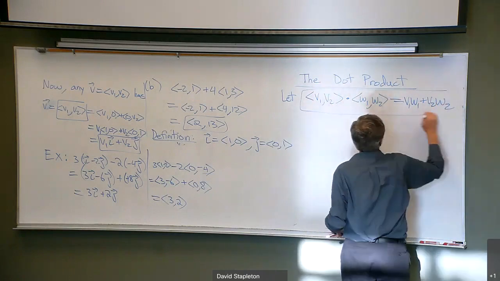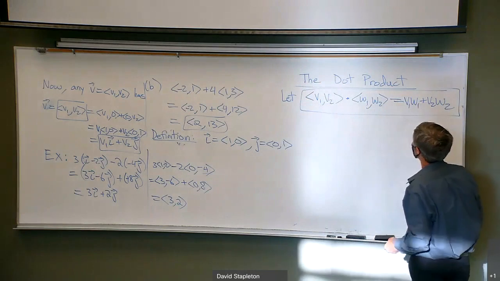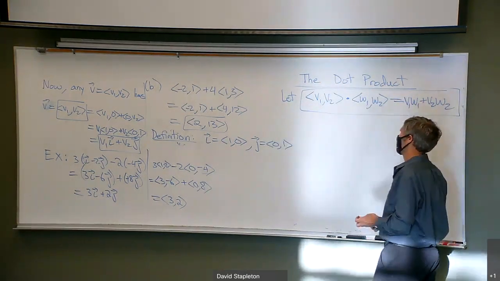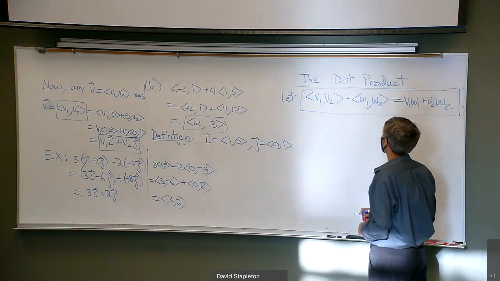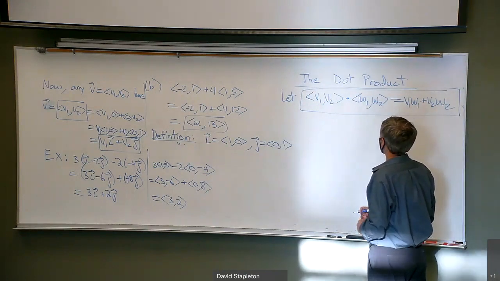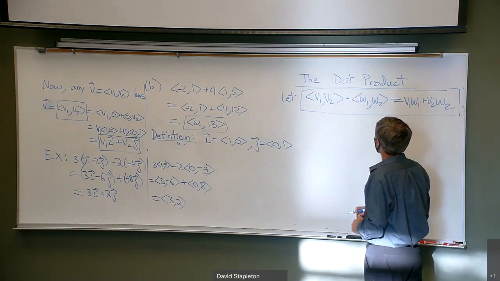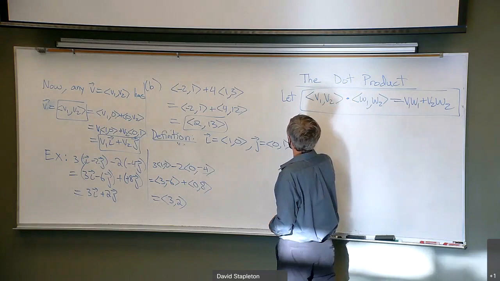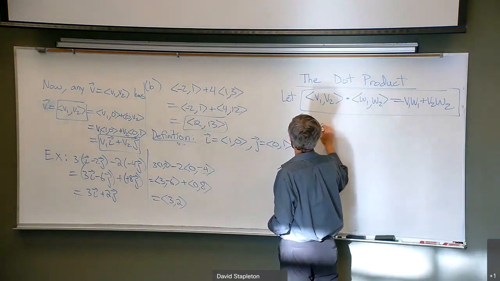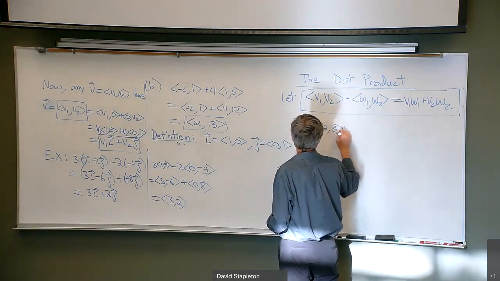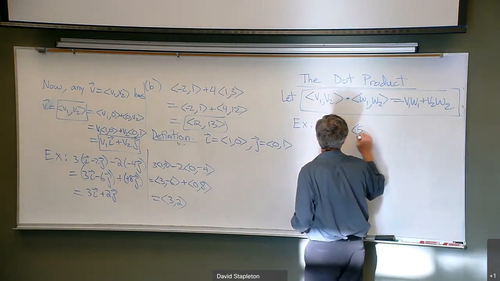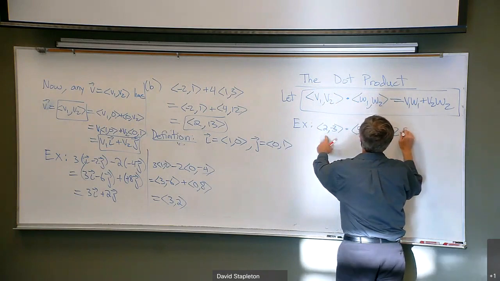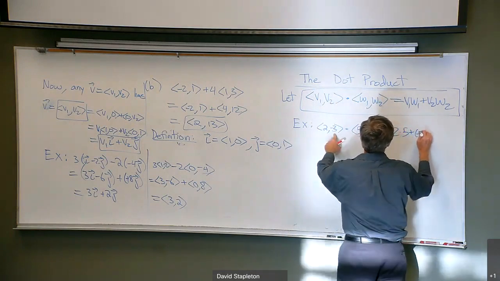It's a very easy definition. You might think, why do we make it so easy? Surely that can't be useful, but amazingly, it's extraordinarily useful. The book has a lot to say about it. It's a very important quantity. So that'll be the definition. And now, I just do a simple example. If I take the vector 2, minus 3 and I dot product it with vector 5, 7, then I just take 2 times 5 plus minus 3 times 7.